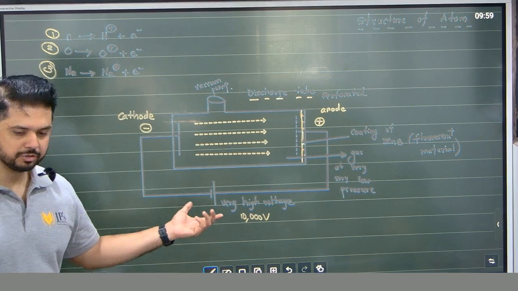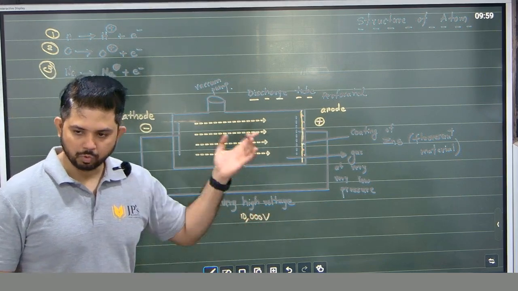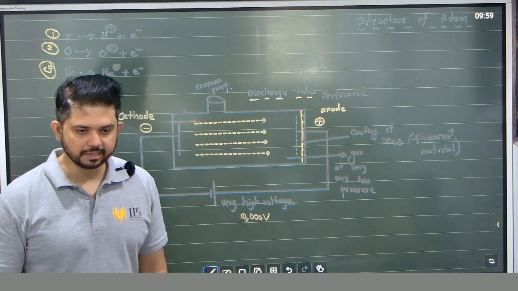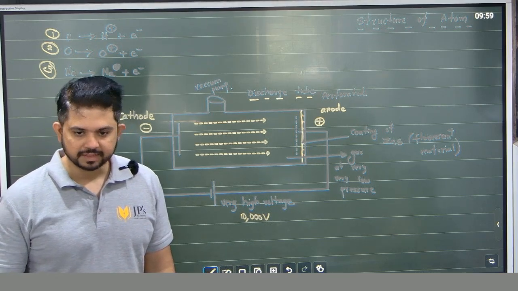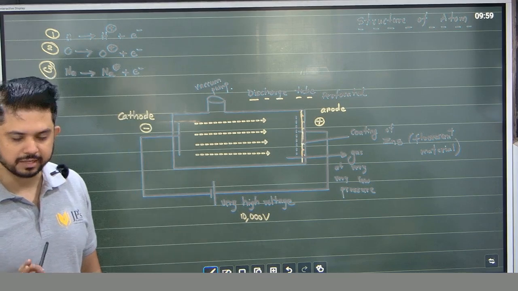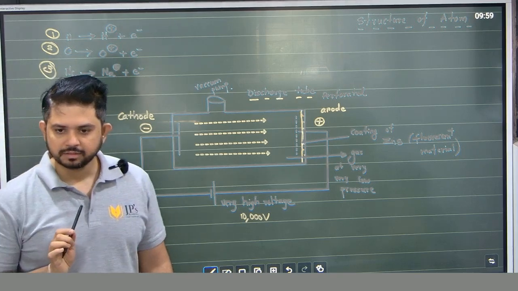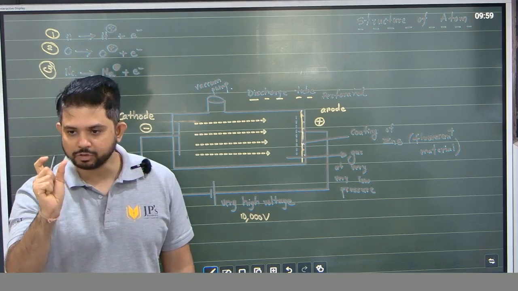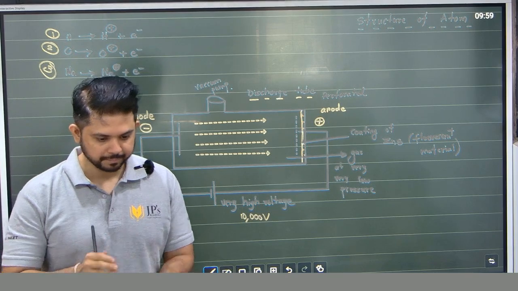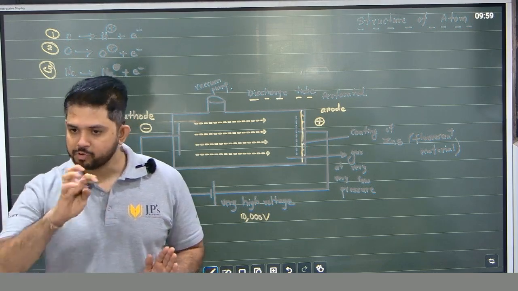Now people, let's say we take the same setup. Can someone tell me, because of the high voltage, what is happening to the gas inside the discharge tube? The gas is getting ionized. What do you mean by getting ionized? Let's say I have hydrogen gas, what is happening to that hydrogen atom? Electrons are separated. You're removing that electron.